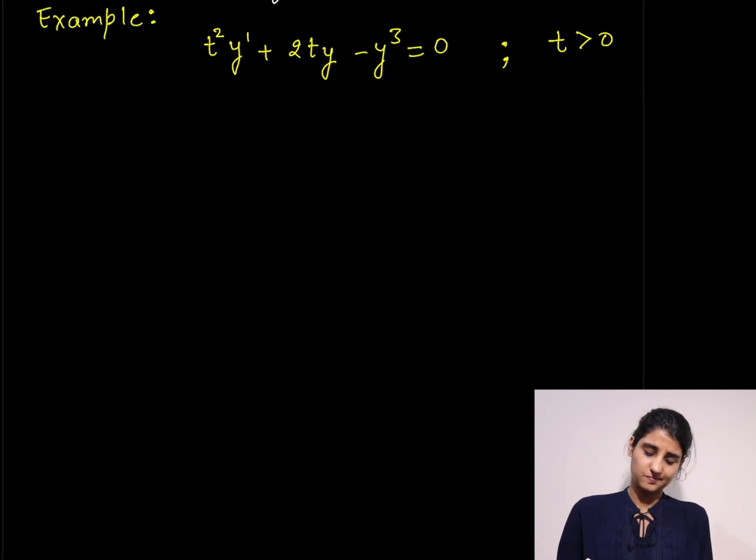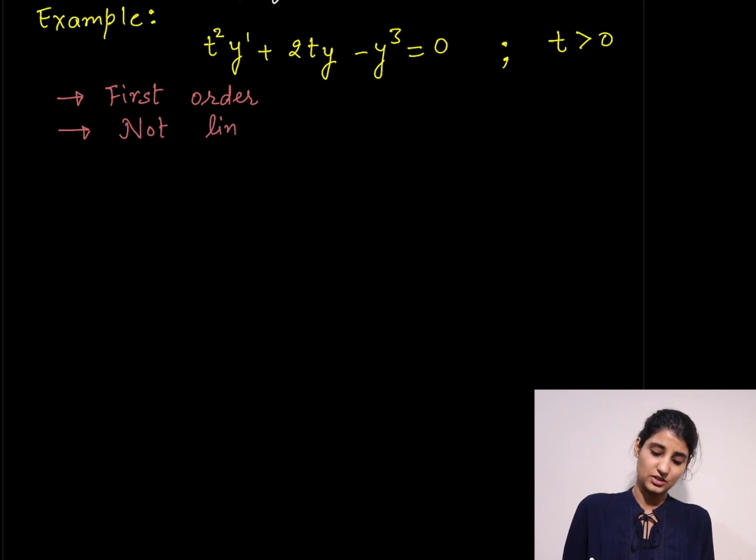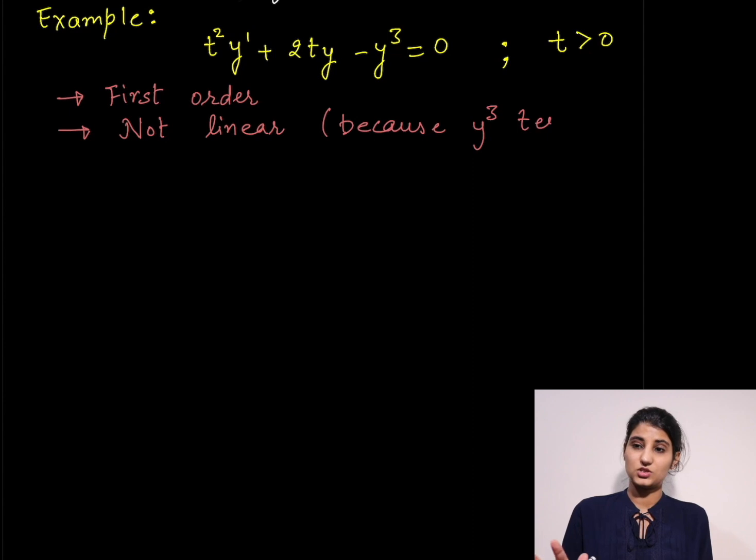First point, we see that this is a first order ODE. Next, this is not linear. So this is not the case of a first order linear ODE. Why is this not linear? Because this has a y cubed term. So this is not linear.